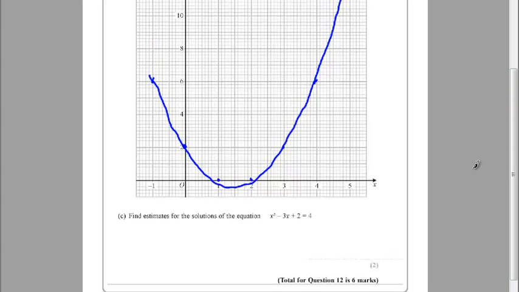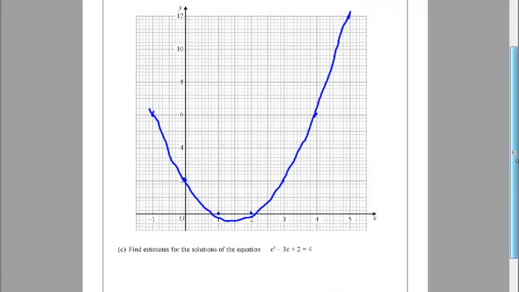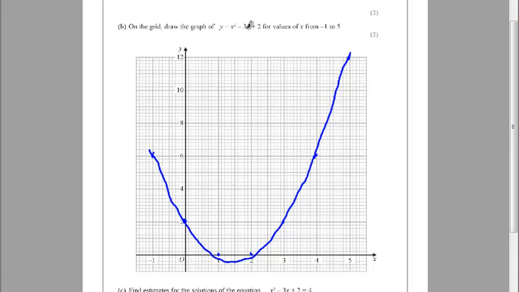Find estimates for the solutions of the equation x squared minus 3x plus 2 equals 4. Well, this is x squared minus 3x plus 2 equals y. So when y equals 4 is here, we have one value here and one value here.